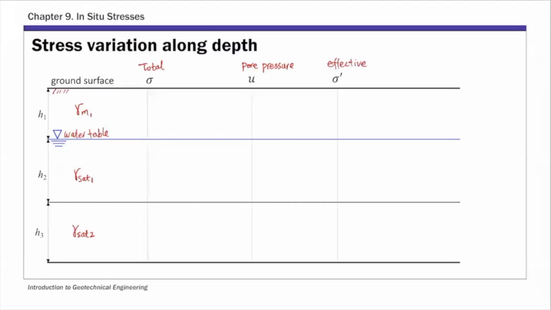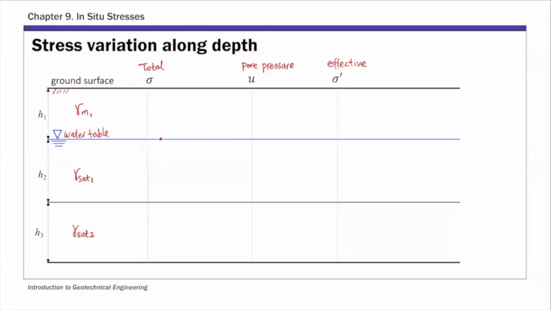To do that, we'll start with total stress. Total stress is basically total weight over area, or unit weight times depth. For moist soil, you use the moist unit weight. I'm going to put it right here.